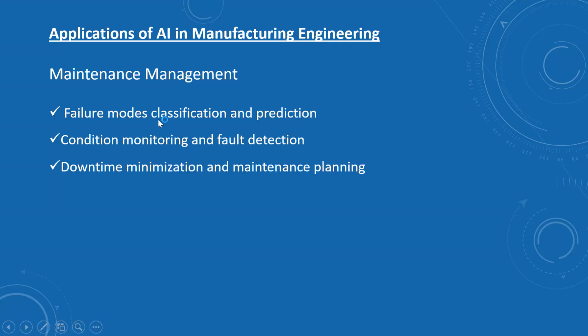One is the failure mode classification and prediction, which we have already discussed in the last two slides. Then condition monitoring and fault detection, and downtime minimization and maintenance planning. These are the three parameters on which the maintenance schedule is completely dependent. Obviously, condition monitoring is most important, and for condition monitoring we should know the predictions in advance. Otherwise, condition monitoring will become difficult.